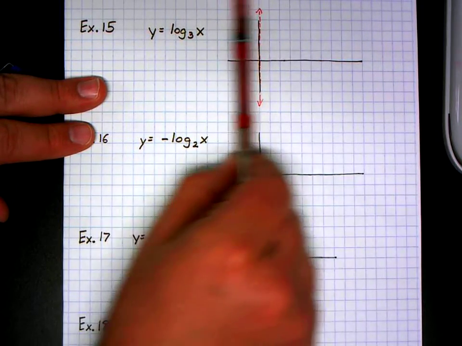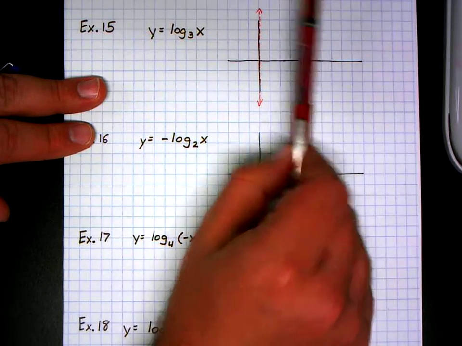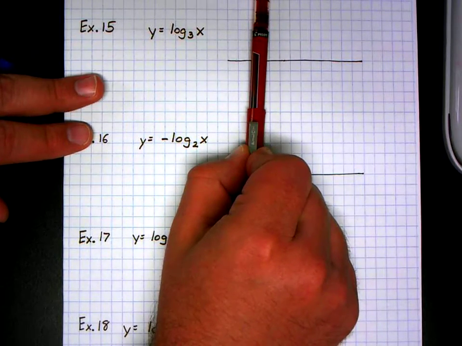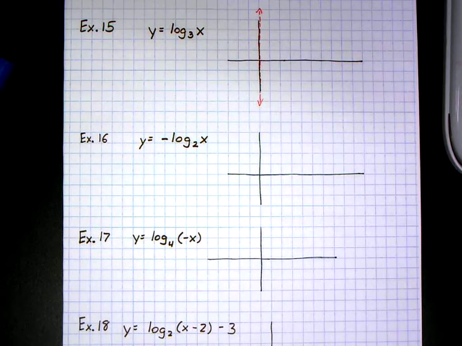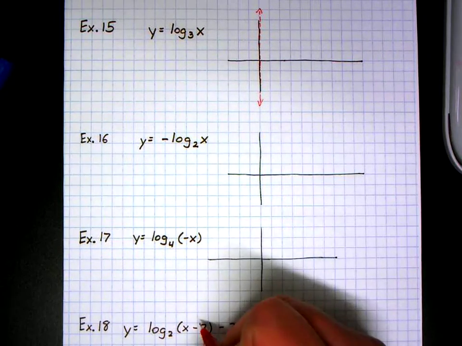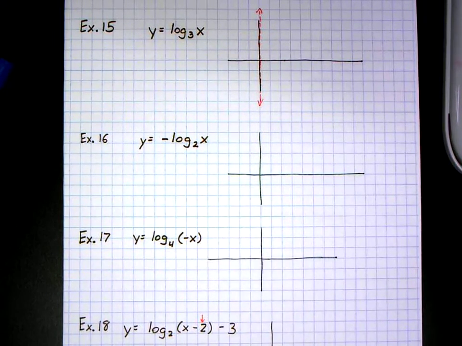So now your asymptote is going to be affected by H. Except for 18, when we get down to 18, that one's going to be affected. But all the others, 15, 16, 17, they'll all be at 0. So H is what's going to affect it. Down here, when we get to this one, that's the number that affects it.